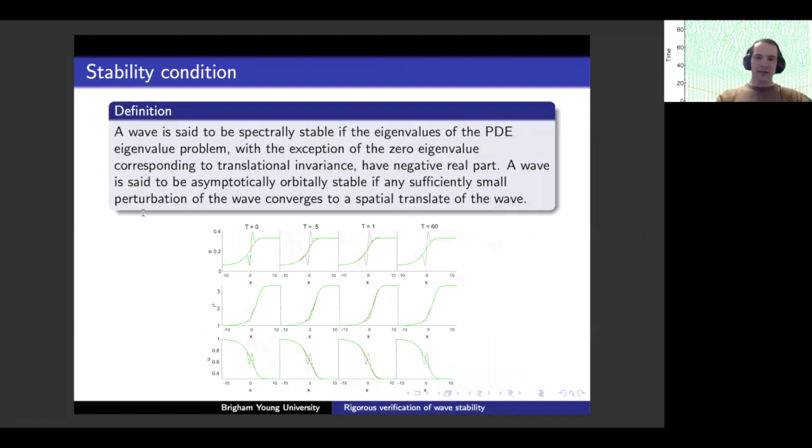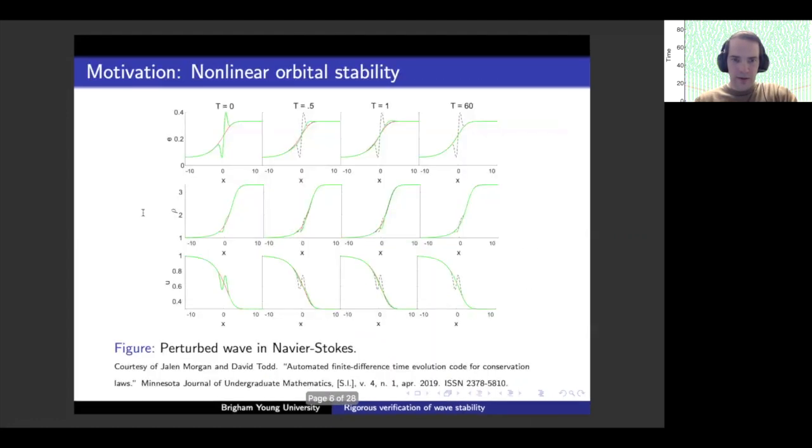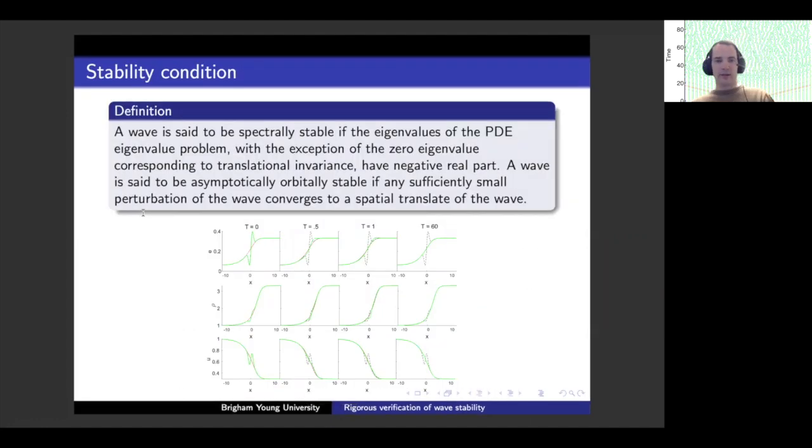To be precise, we say that a wave is spectrally stable. So the condition, it turns out, that we need to look at is what's called spectral stability. And we'll see here in a moment that spectral stability implies nonlinear orbital stability, but to be precise, we give the definitions.